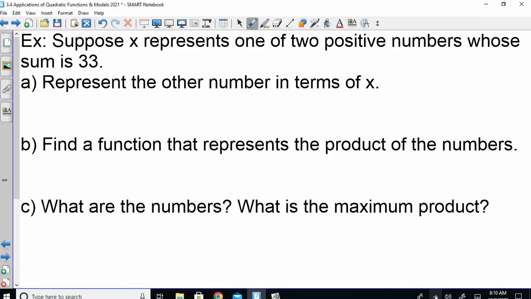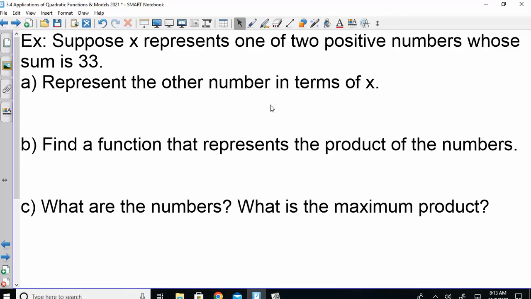Once you guys do this assignment, so I've stepped it out in an ABC type question. So I told you that x is one of two positive numbers whose sum is 33. Part A. Represent the other number in terms of x.